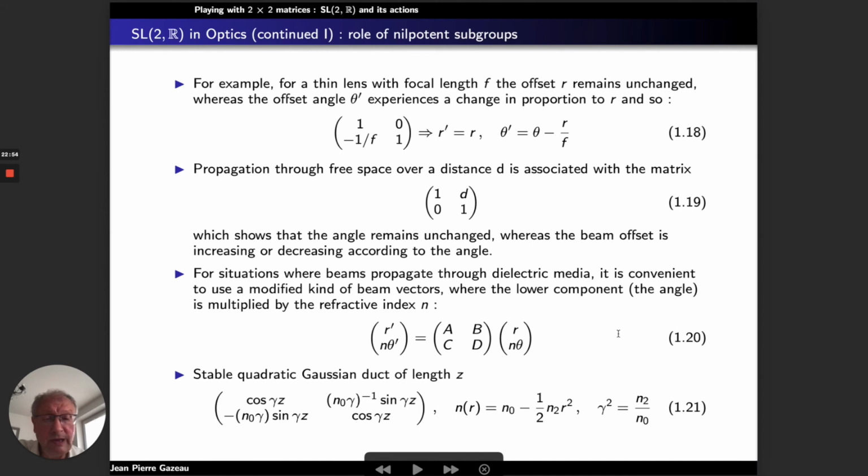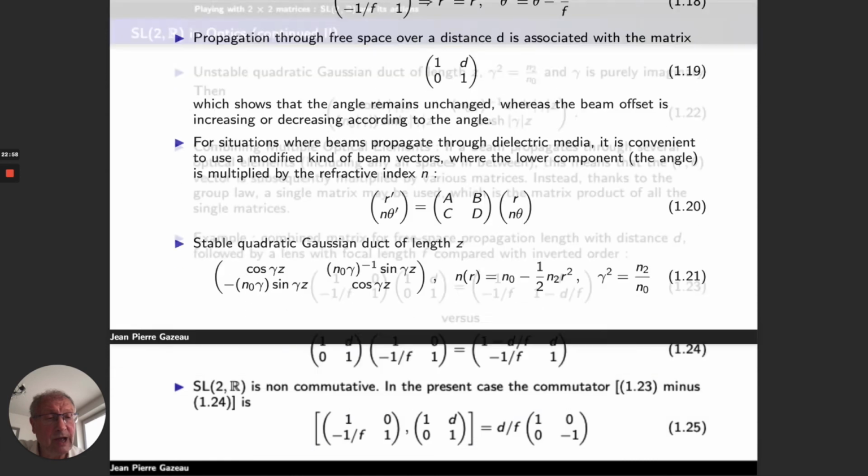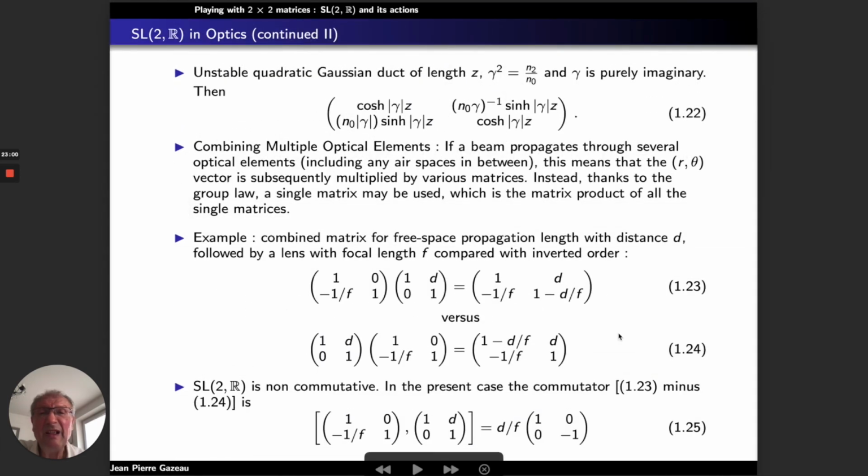So I see I didn't explain everything here. I will correct the slide here. For unstable quadratic Gaussian duct, we have instead this kind of hyperbolic matrix.